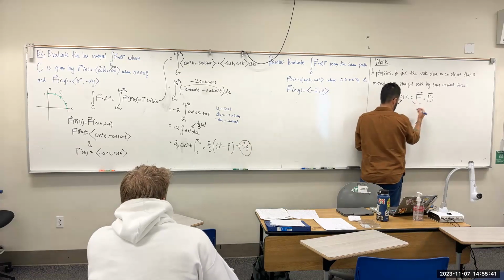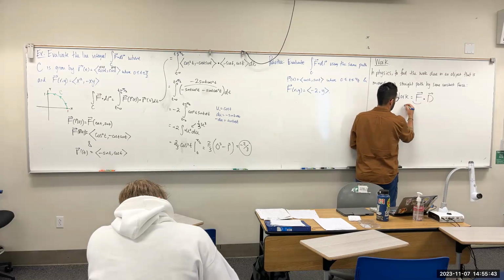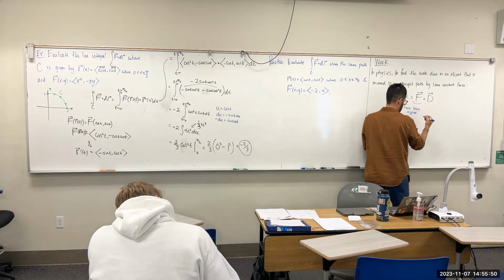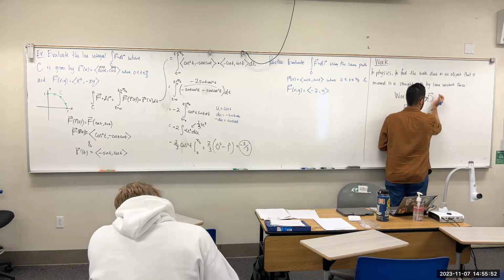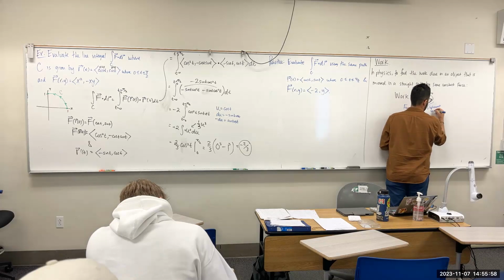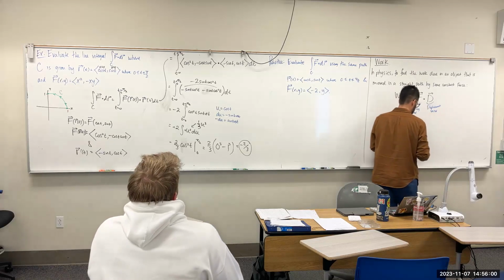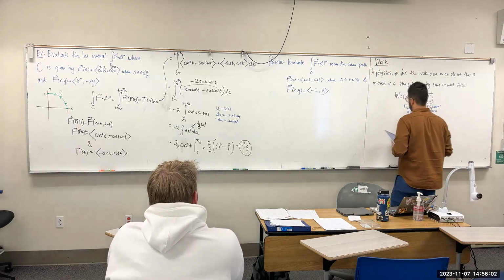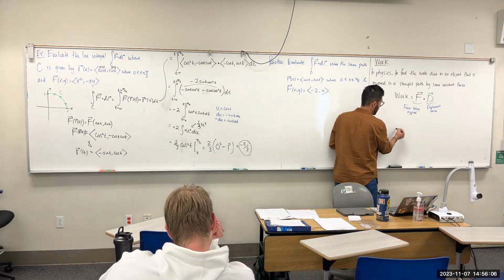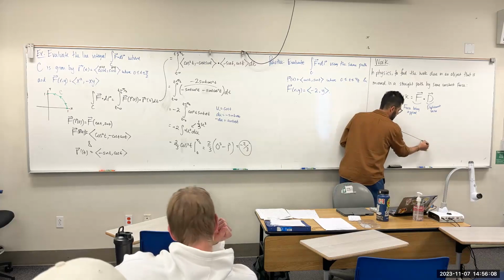Where this is the force being applied to the object, and this here is the displacement vector. It would be like if I had an object that was moved from here to here.